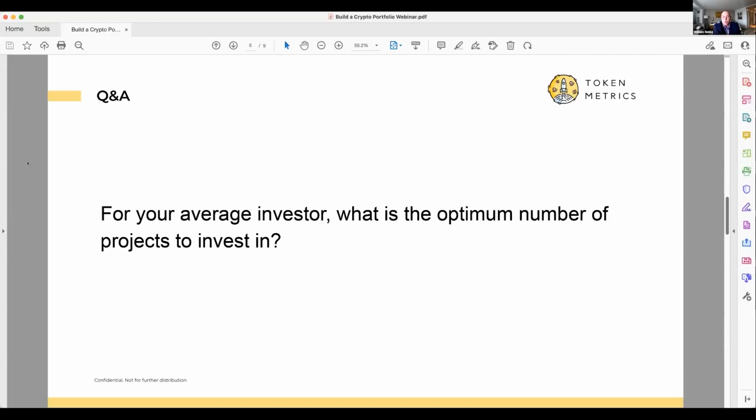Now, what is coin number 3? Coin number 3 is a speculative coin of your choice. It can be a large coin like Solana that's similar to Ethereum, or it can be a smaller coin that you would get from one of our analysts or from, of course, tokenmetrics.com.